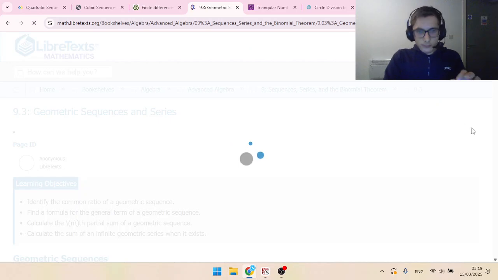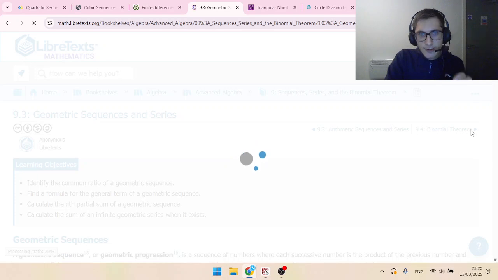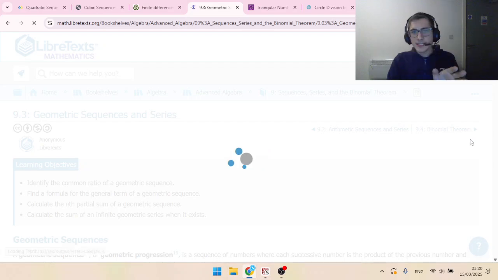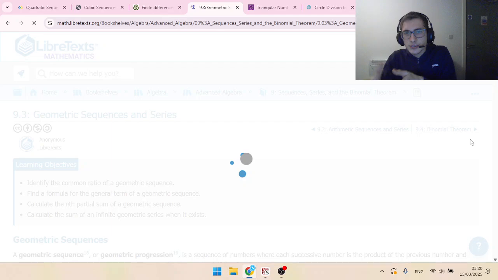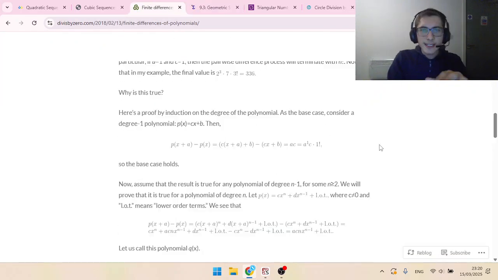So, if we remember that geometric sequences are essentially just a sequence of numbers multiplied by the same common factor, then we already see a similarity to here.